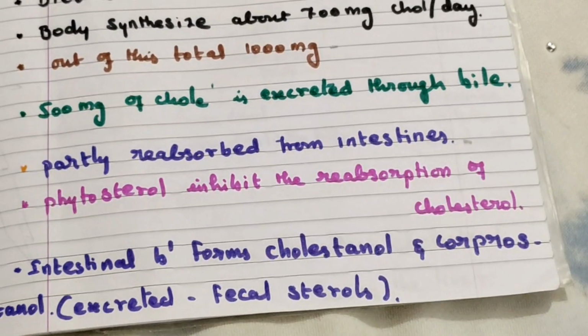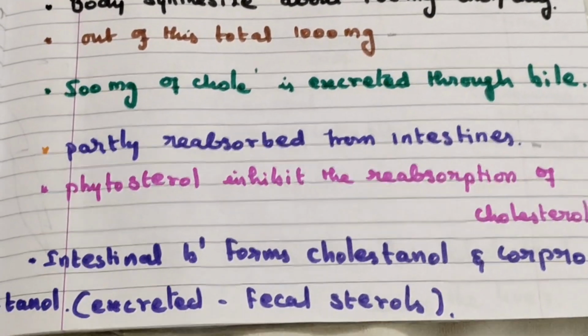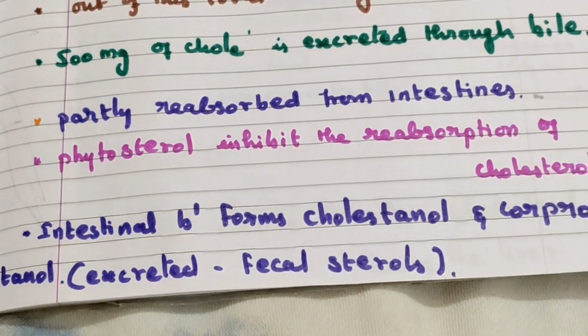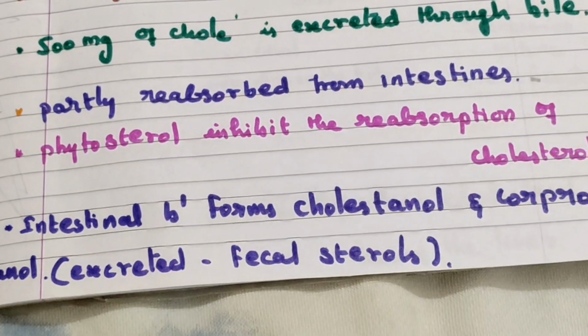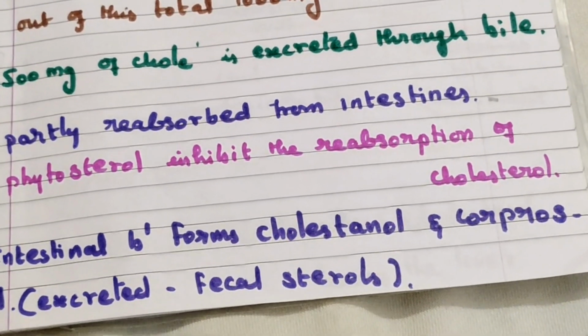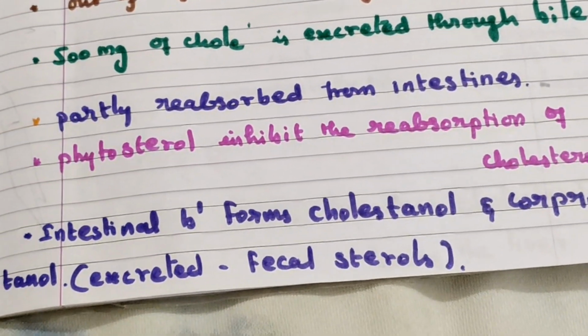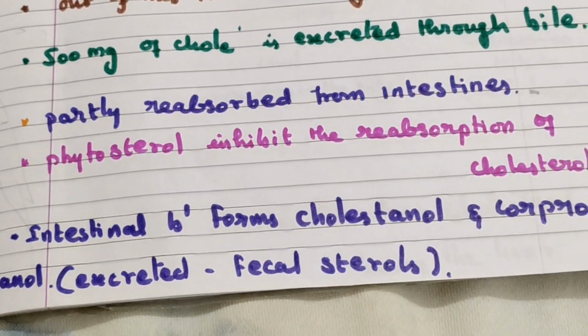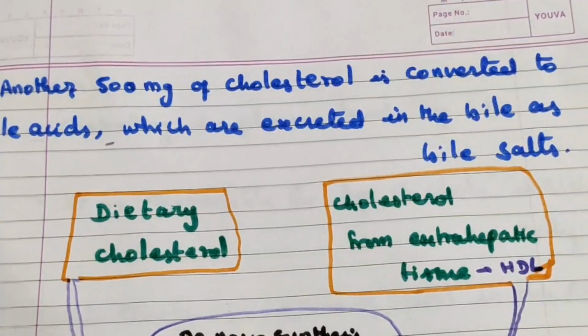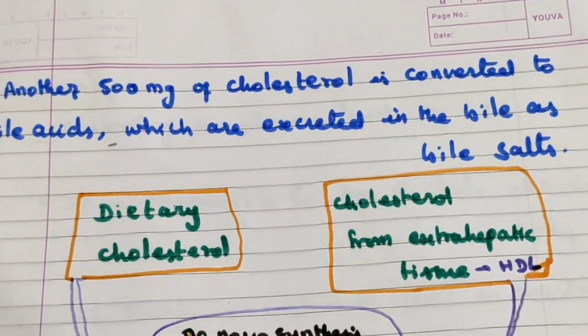This is called fecal sterol. The intestine also has bacteria, and cholesterol is converted by intestinal bacteria into cholestanol and coprosterol, which are excreted as fecal sterol. 500 mg is excreted through bile.